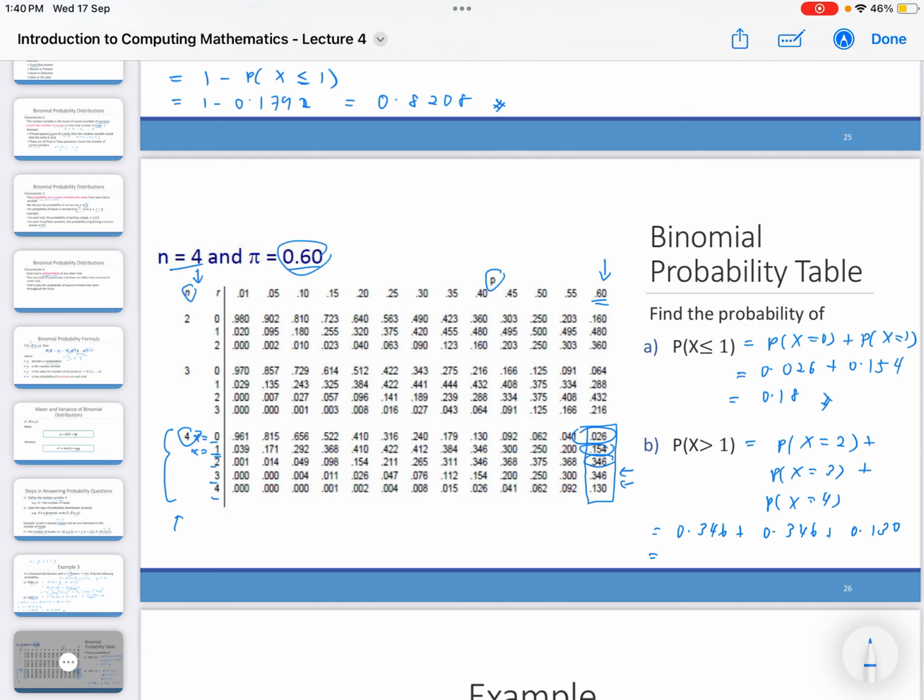So when we add together, we get 0.822. Okay, basically the similar answer to previous one. So it's up to you whether you want to use the calculator, the formula, or you want to use the table if we can find the value inside the table.